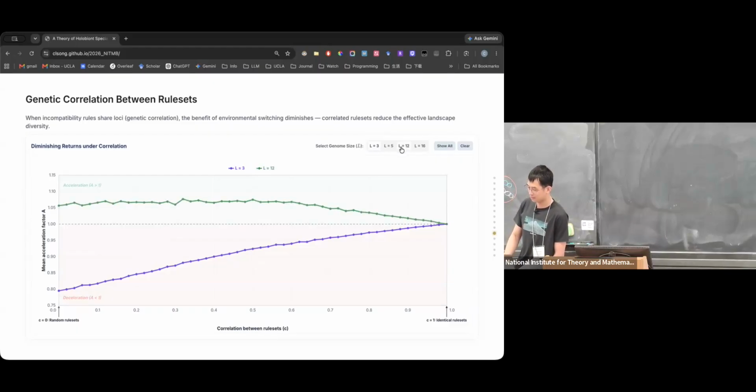But things completely change when we have more loci or more genetic complexity. As you can see, the acceleration factors hold robustly across a larger range of the correlation regime, and this holds for a larger number of loci.